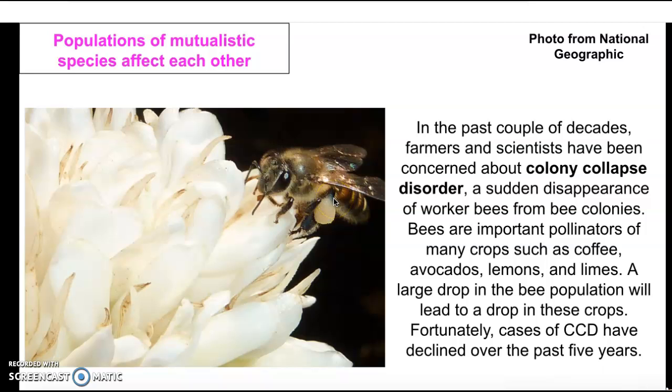So fewer bees is going to mean less coffee, and all the other kinds of plants that bees help to pollinate as well, such as avocados, lemons, and limes. So yeah, one population can definitely affect the levels of a different population of a different species.